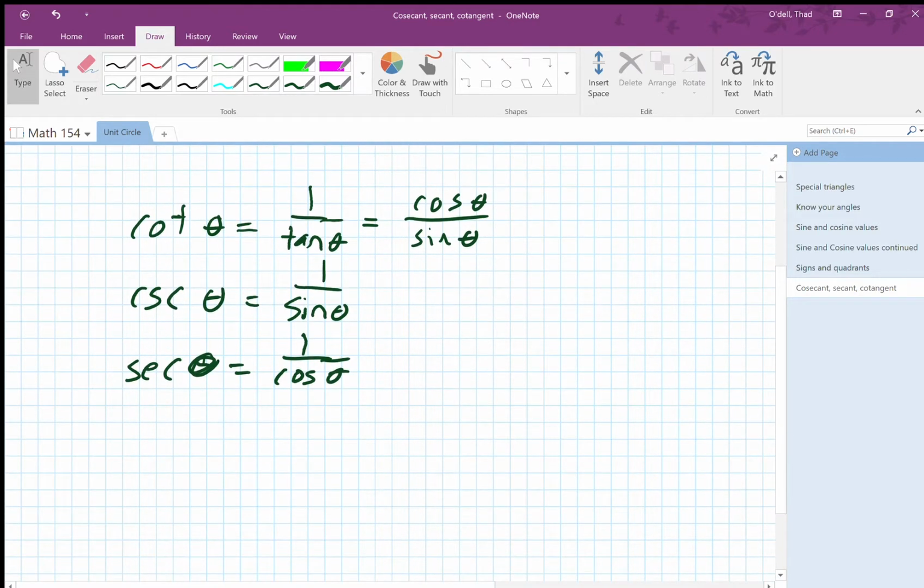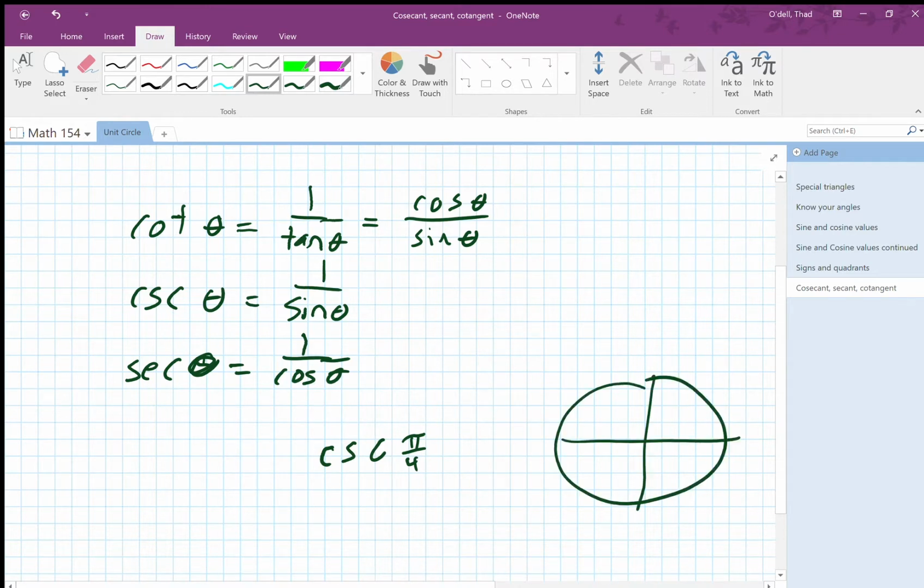So when we're trying to find the values of cotangent, cosecant, and secant using the friendly angles, we can use our knowledge of the unit circle. For example, if I have cosecant of pi over 4, I can draw the unit circle real quick. Pi over 4 is right here, forms a 45, 45, 90 right triangle.